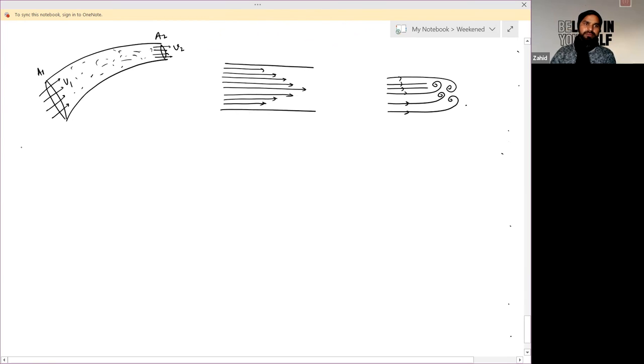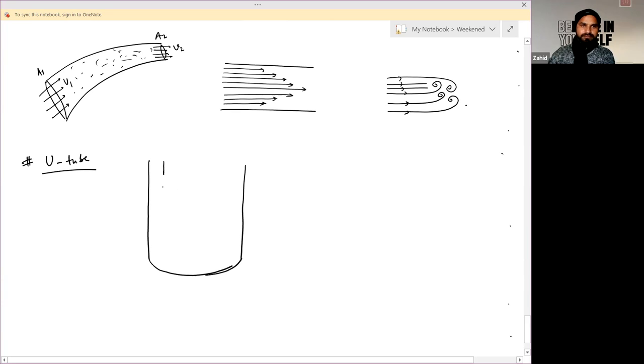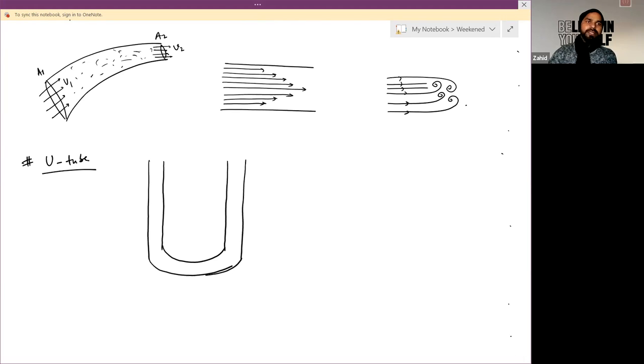There will be some question related to this pressure in terms of U-tube. Suppose like this, and there will be liquid inside.